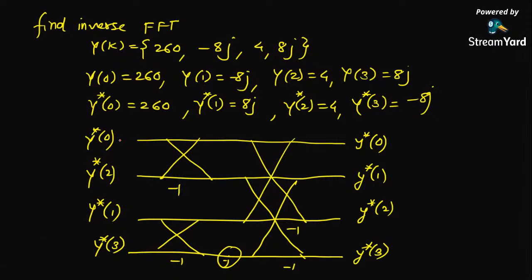Then you can put the values: 260, y2 is 4, then y1 star is 8j, and this is -8j. Okay, so do the calculation.